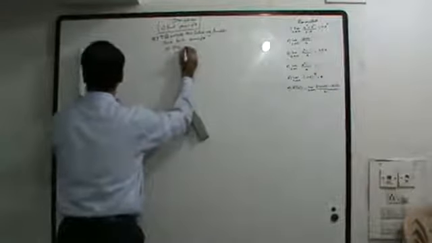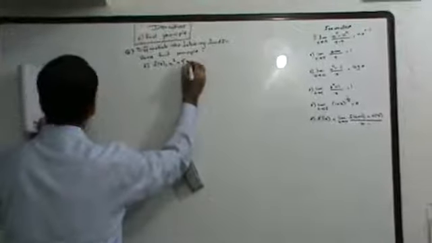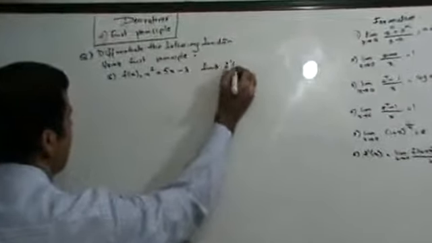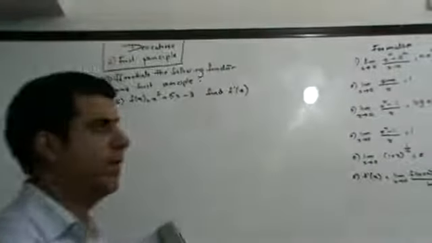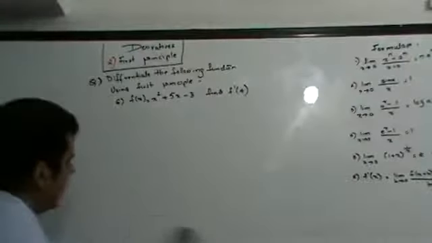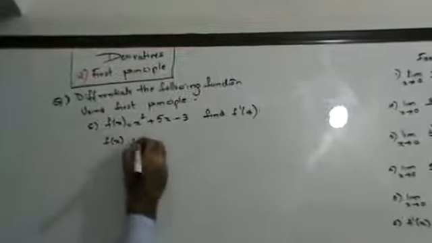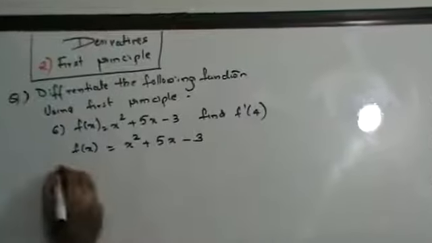f of x is equal to x square plus 5x minus 3. Find f bar of 4. So far we were finding f bar of x. Here they have asked you to find f bar of 4. f of x is x square plus 5x minus 3.